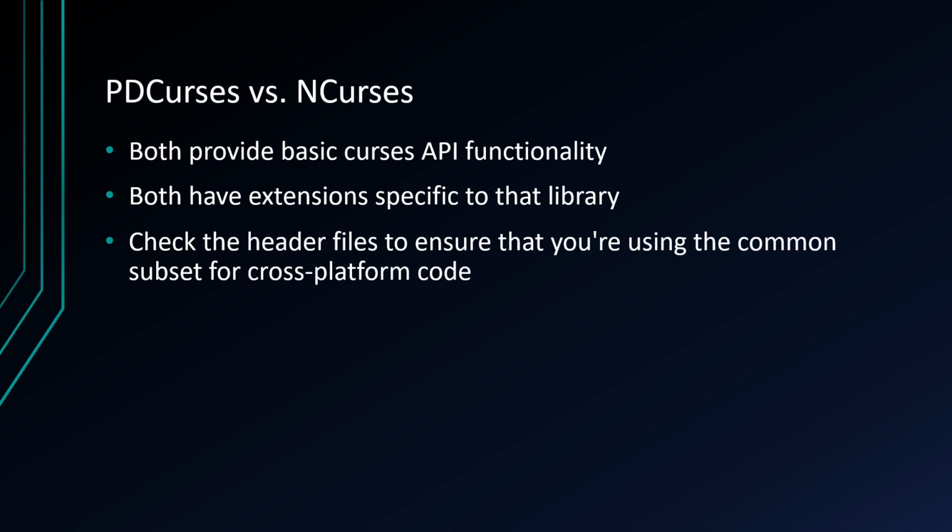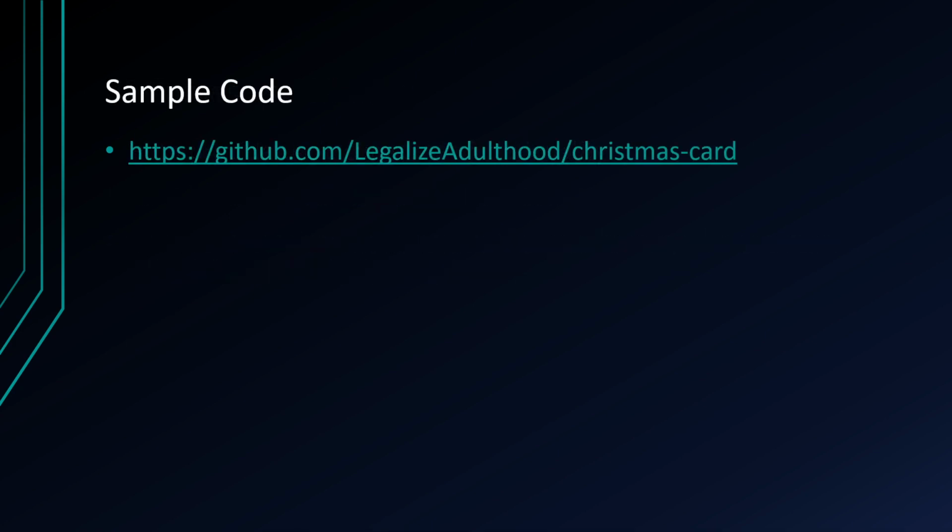So when you're trying to do something, just consult the header file for the functions that you're calling to see if they're specific to one flavor of the library or the other. pdcurses does have some ncurses APIs implemented in it, mainly the mouse API that allows you to use a mouse to interact with a curses application, which for an actual physical serial terminal wouldn't be likely, but for a modern windowed environment where you're running a terminal emulator, that's pretty likely. So check the header file there for stuff that you may want to use.